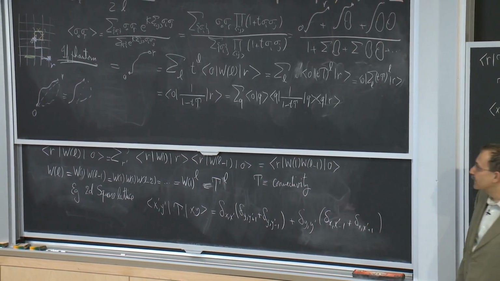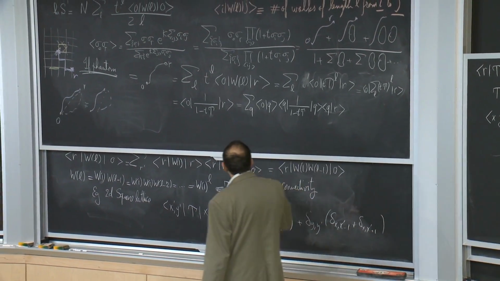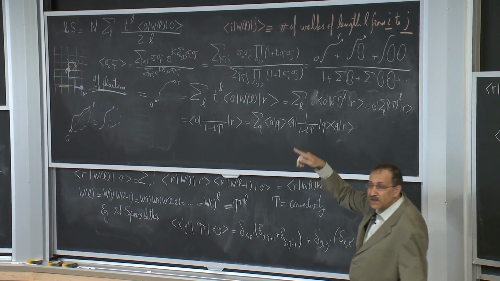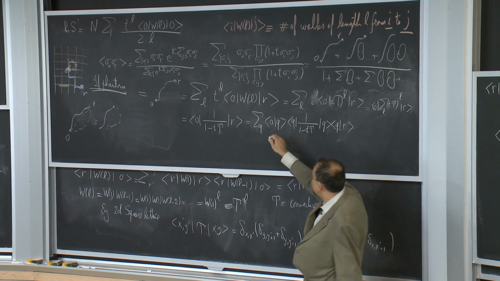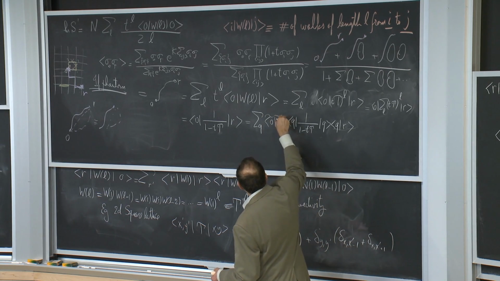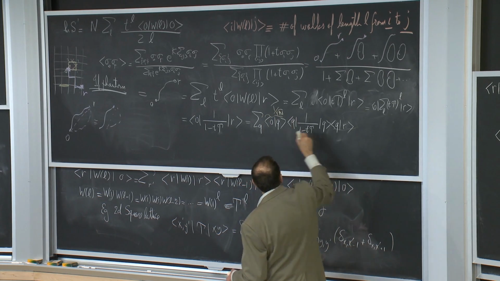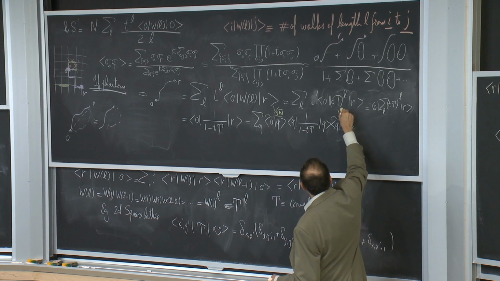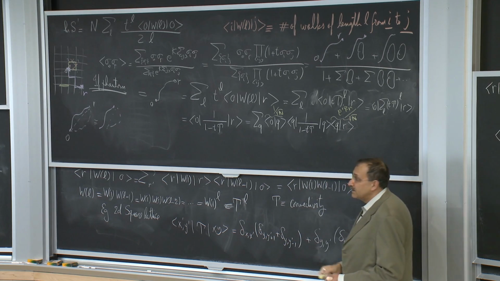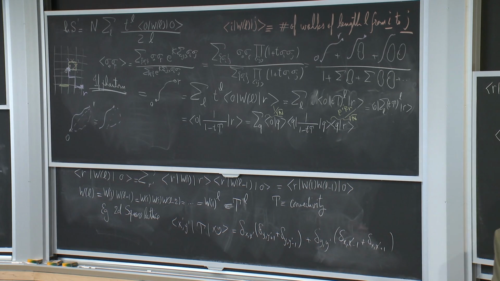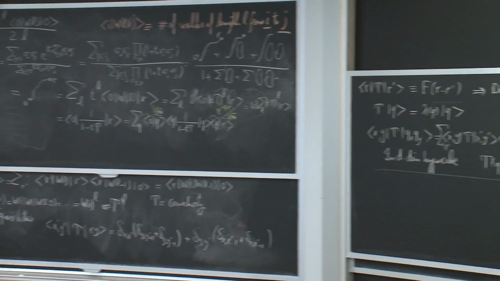Okay. And so what is that? These are these exponentials here evaluated at the origin, so it's just 1 over root n. This is 1 over root n. This is e to the i q dot r over root n. This is just the eigenvalue that I have calculated over here.